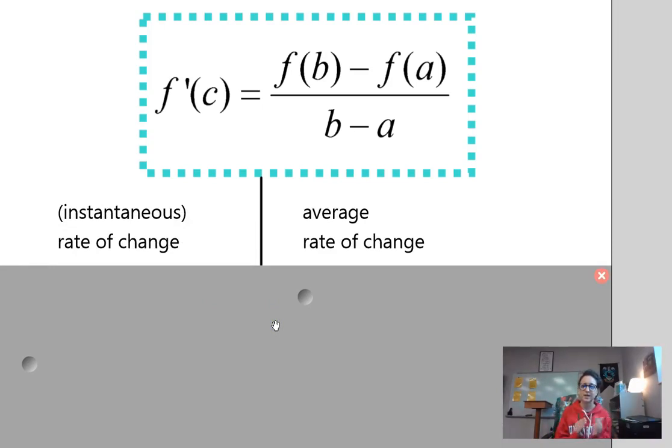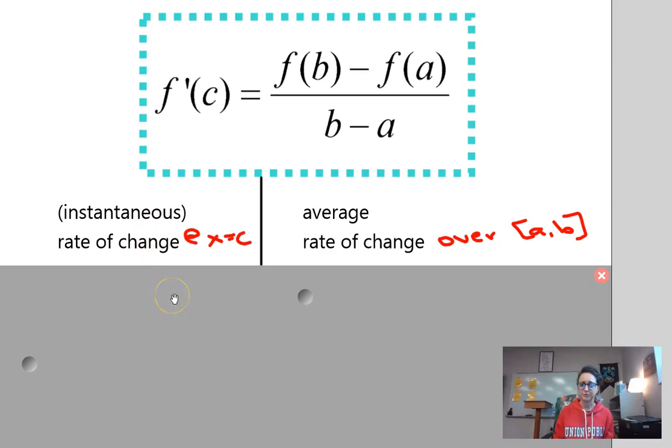Underneath that, label it with an arrow or however you want: f prime of c gives me the instantaneous rate of change, and this will be at one value, x equals c. That's the derivative. Now the right-hand side, that's just regular old slope between 2 points, so this gives me the average rate of change over an interval a to b.